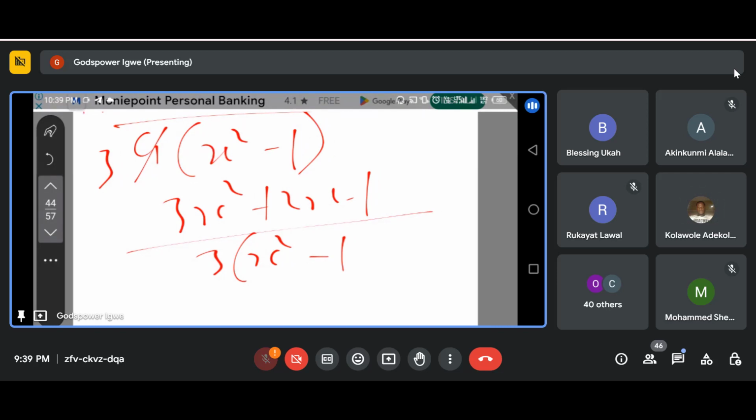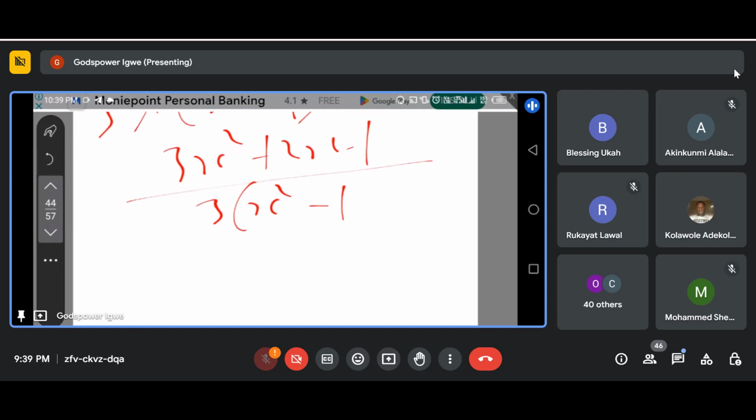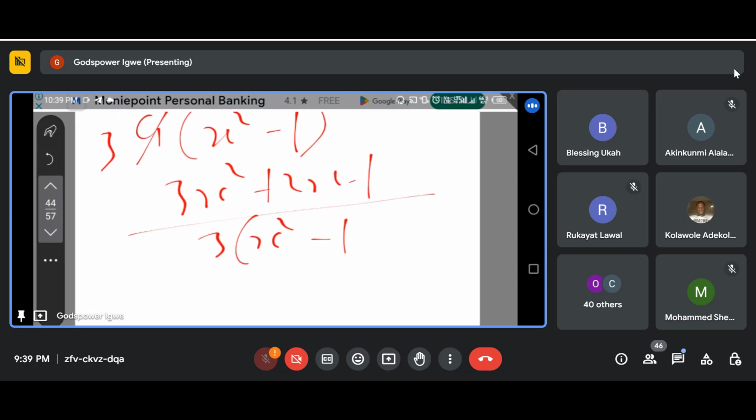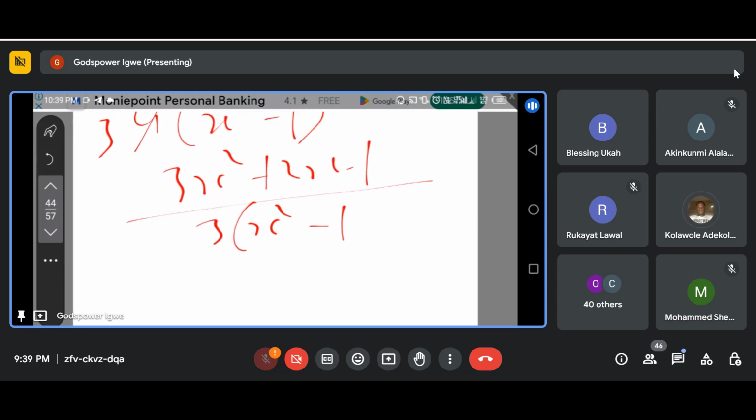If you find the quadratic equation for this, what is it going to give us? What is going to give us two numbers that if you multiply the both of them, they will give you 1, but if you add them, they will give you 2.